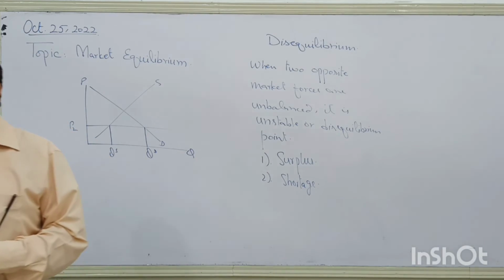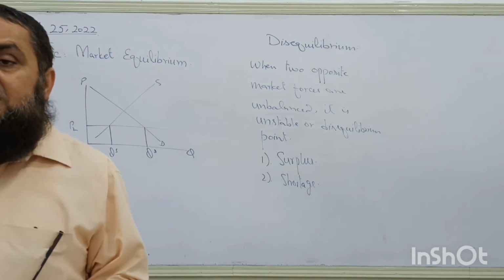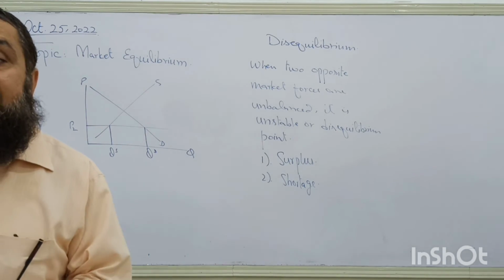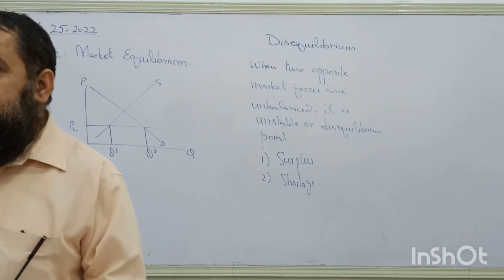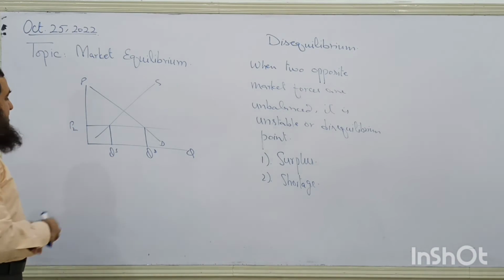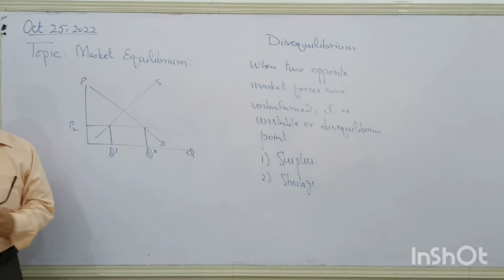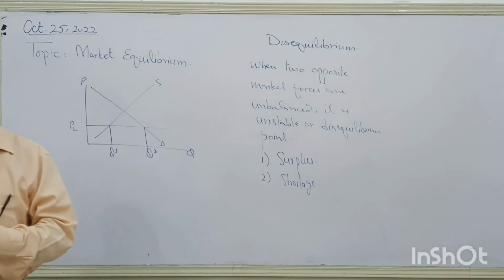At lower prices, the producer's or the seller's profit will decrease. So they are not ready to supply too much quantity in the market. Rather, they will be supplying only a smaller quantity, whereas consumers are going to buy more quantity.